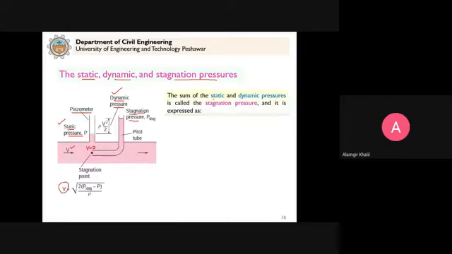So the sum of static and dynamic pressures is called the stagnation pressure, and it is expressed as P stagnation, which is here, equal to the static pressure, which is here, plus this term, which is known as the dynamic pressure.